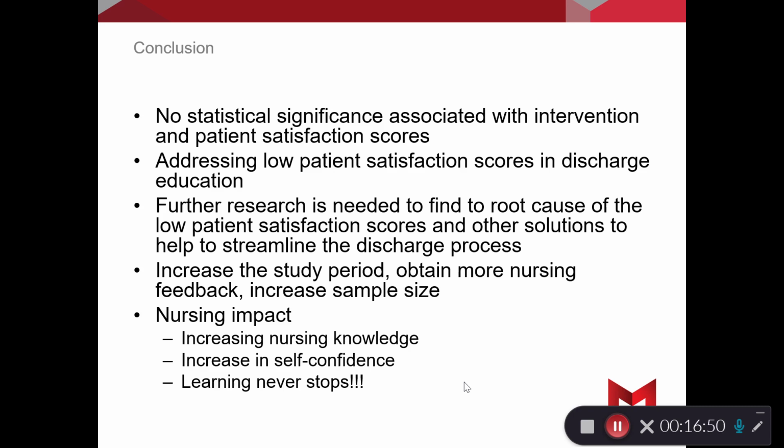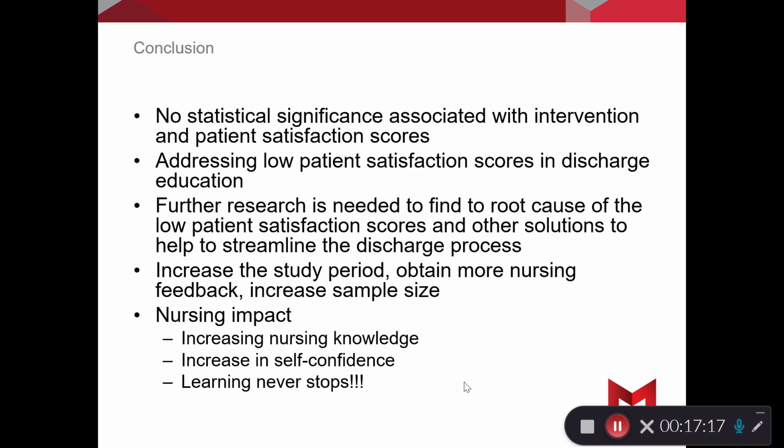So for the nursing impact, this project and this program has helped me to increase my nursing knowledge in the sense that it's helped me to understand what advanced nursing practice means and how that's going to impact me in my future career and impact me as a student.